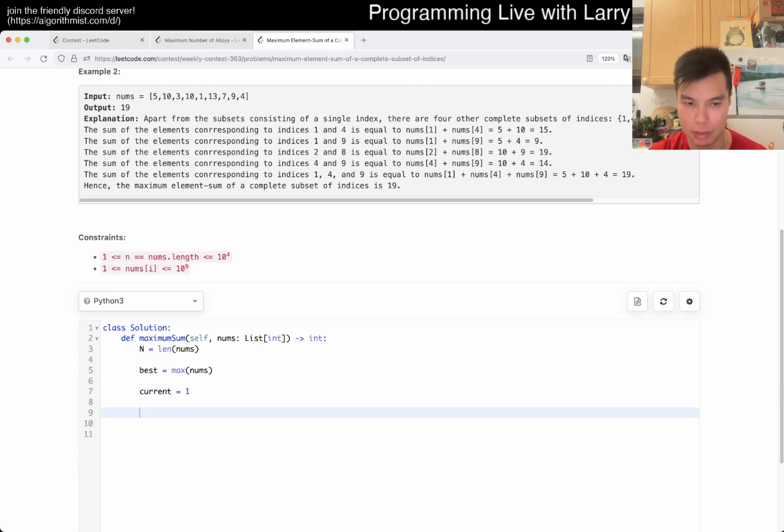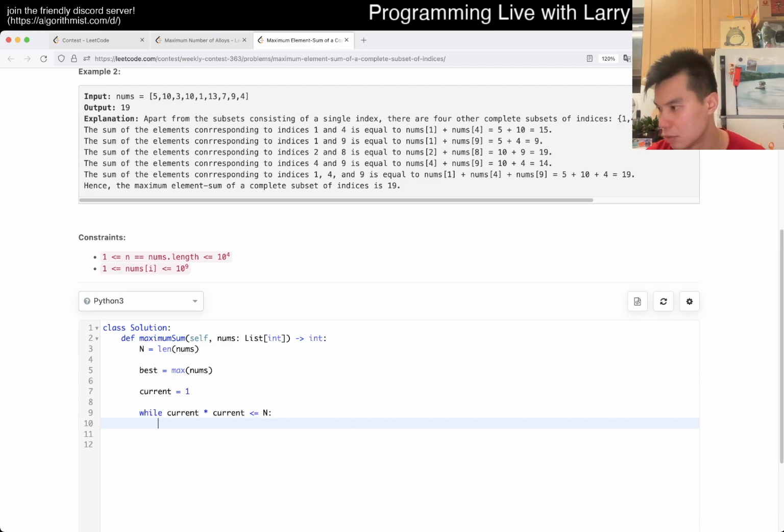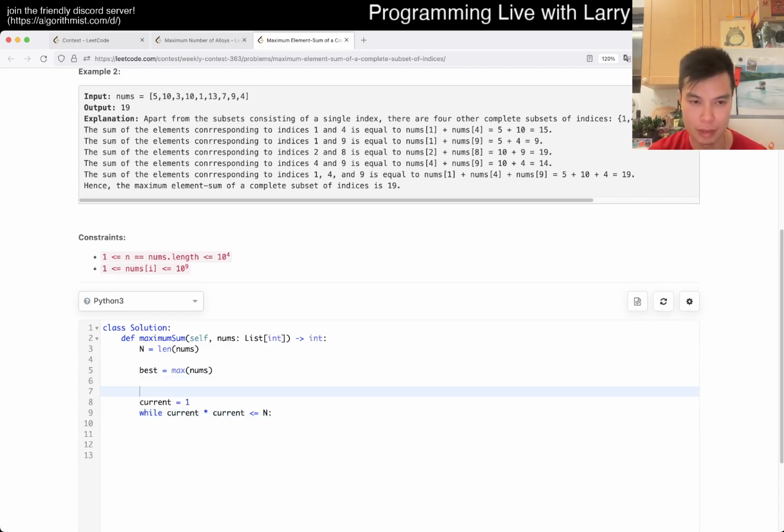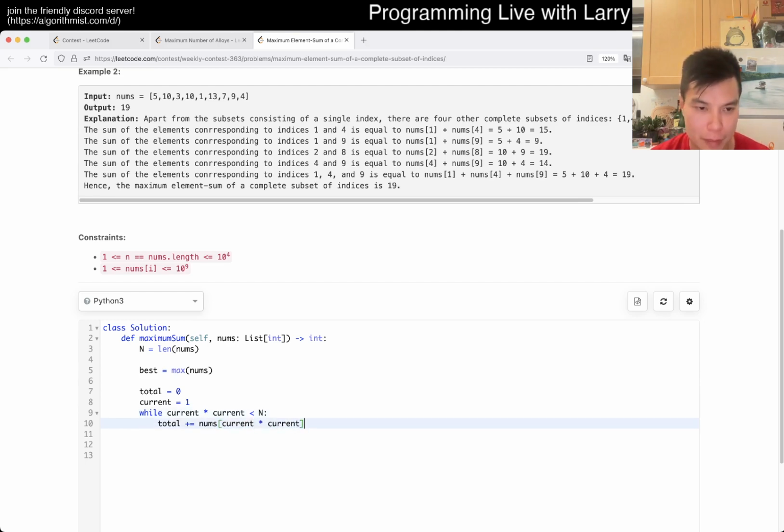Current 0 to 1, right? While, right, and then press is equal to max press of total, right?